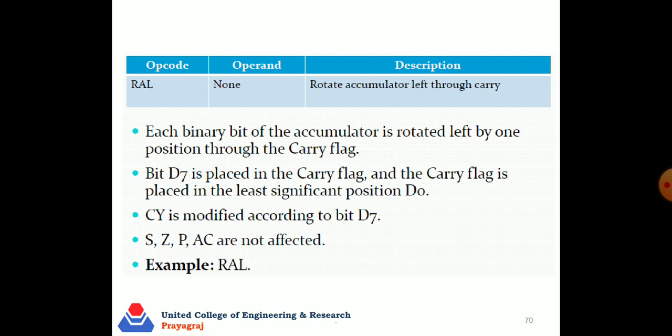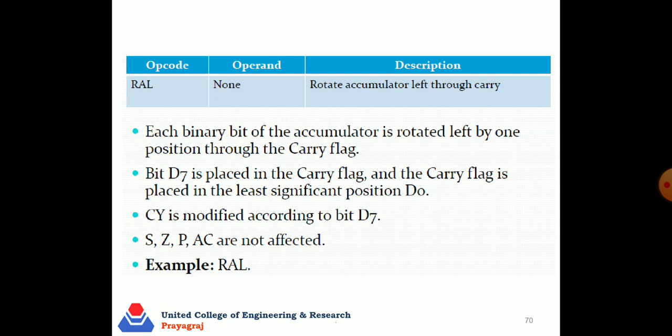The opcode of this instruction is RAL and there is no operand. Since there is no operand, these instructions are in implicit addressing mode.